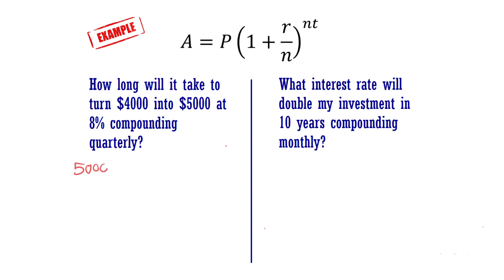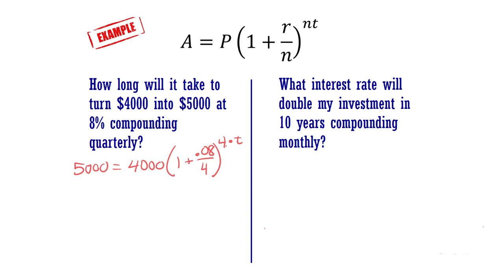Your principal is your initial investment, which would be 4,000, times one plus your interest rate of 0.08. That's an annual rate. You're compounding quarterly, so I'll have to divide it by 4. And then how many times am I going to compound it? Well, that's 4 times a year. And the whole question is, for how many years? How long will it take?